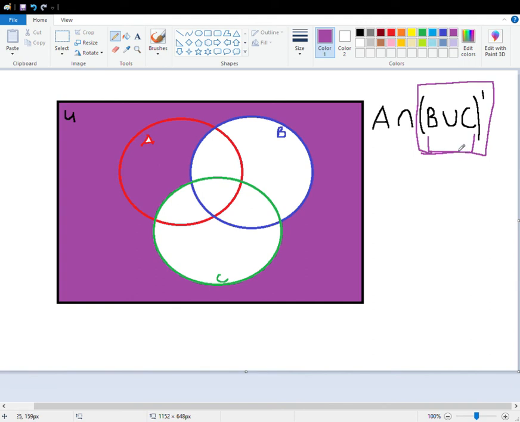Now our next subregion we need to find will be A. That's quite easy. A is just right here. Now, the trickiest part about this problem is looking at this symbol. As a refresher, this is the intersection. I'm not going to write it because it's kind of long, but in English we read it as and.